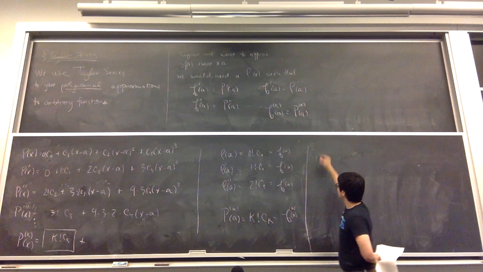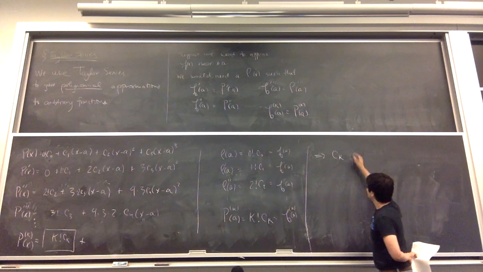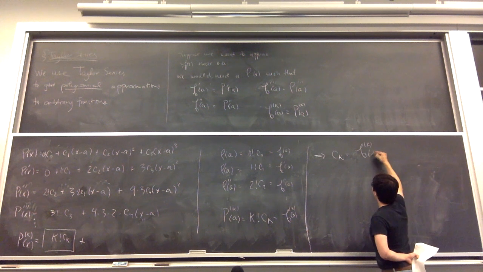Because if I just rearrange things a bit, the kth coefficient of our power series should be equal to the kth derivative of f evaluated at a divided by k factorial.